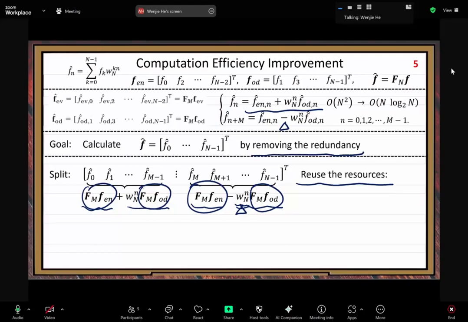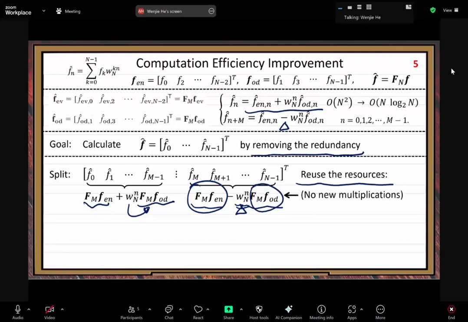So those intermediates, you should reuse them as much as you can. So we do this calculation. Here, we need to calculate intermediate results. Then one number, you multiply the second intermediate vector.